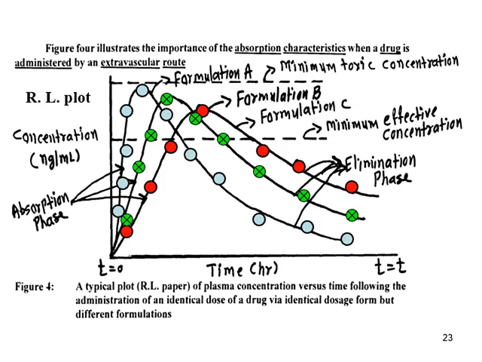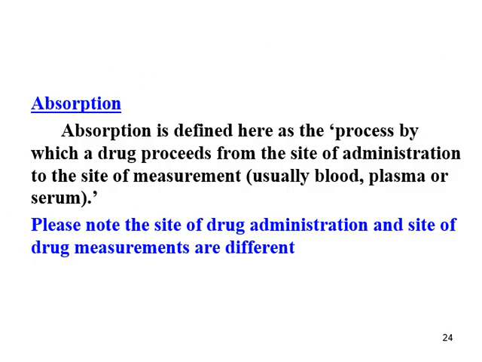We have introduced or explained absorption in many lectures already. Here, let's review. Absorption is defined here as a process by which a drug proceeds from the site of administration to the site of measurement, usually blood plasma and serum.